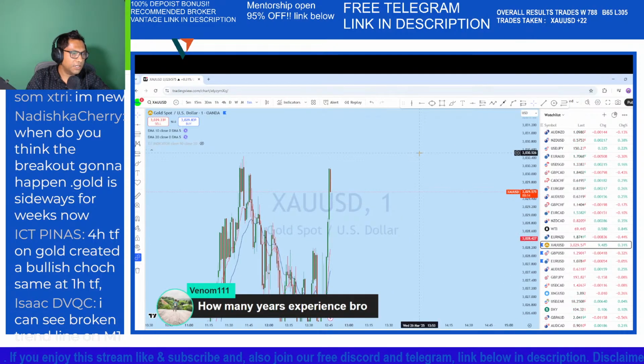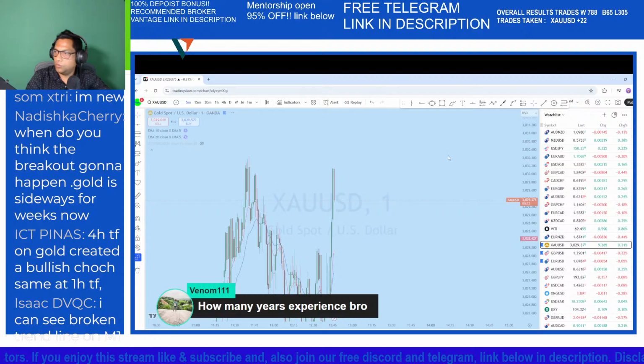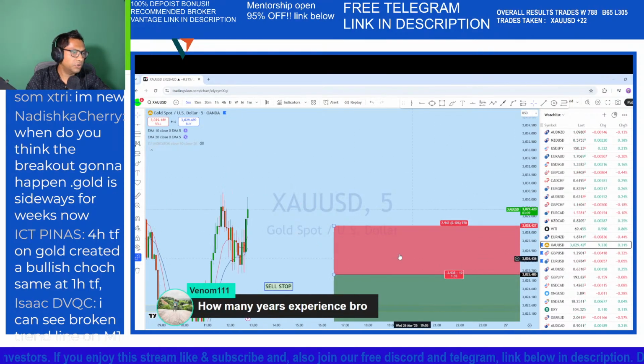As you can see, it's rising in that uptrend with another potential pullback.